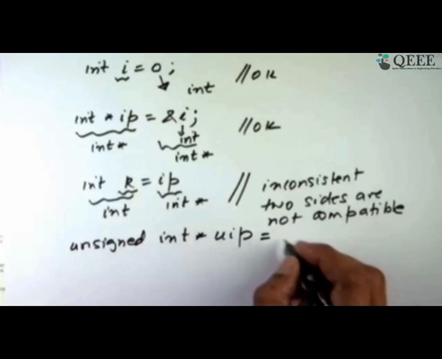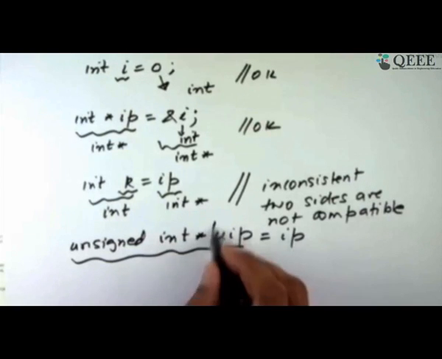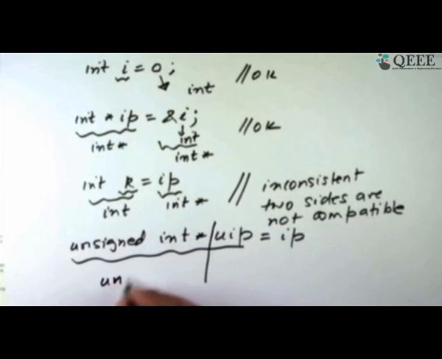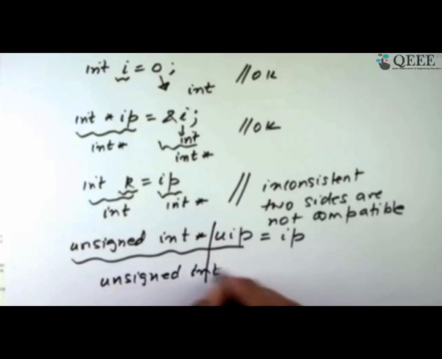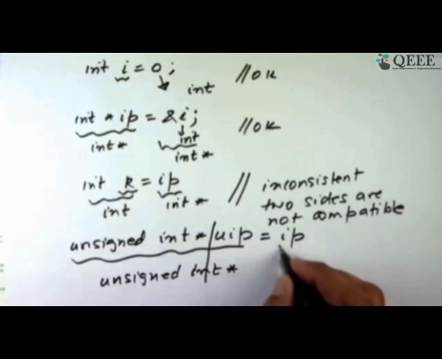UIP equals IP. What am I supposed to do? Find the type of the left hand side. Type of what? UIP. The type of UIP is unsigned int star. Read in English, a pointer to an unsigned integer. These integers should not have sign. They are only greater than or equal to 0. What is IP?